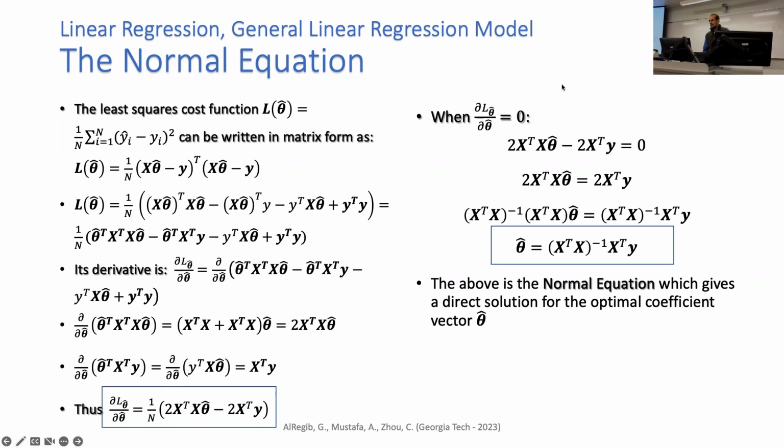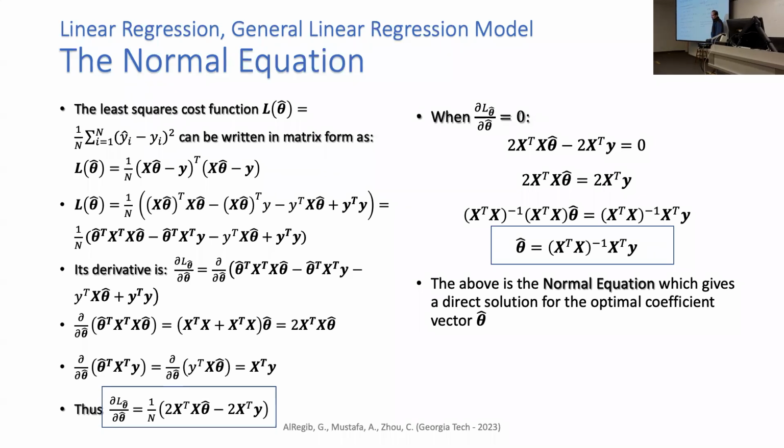Okay, I equate this term to be equal to 0. Because of the capital N, I multiply both sides by capital N, I get this term, the 2 will cancel out, and now I can multiply by x transpose x inverse from the left, on the left-hand side and the right-hand side.